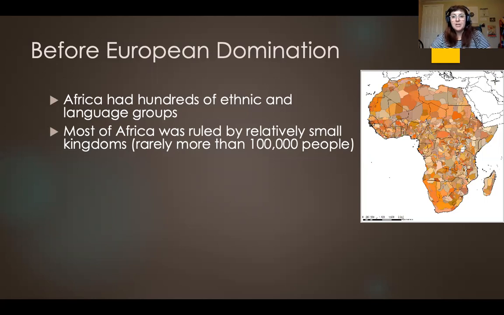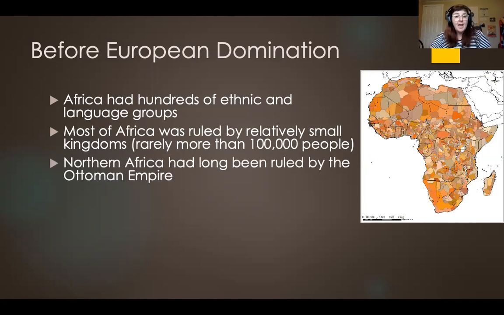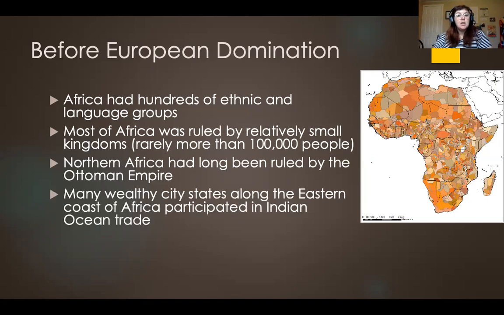There were some larger kingdoms like the Mali Empire and the Zulus in the south, but most empires were fairly small. Northern Africa, especially Egypt, had long been ruled by the Ottoman Empire, and there were many wealthy city-states along the eastern African coast that participated in Indian Ocean trade. So there were a lot of very independent, wealthy empires and city-states in Africa.